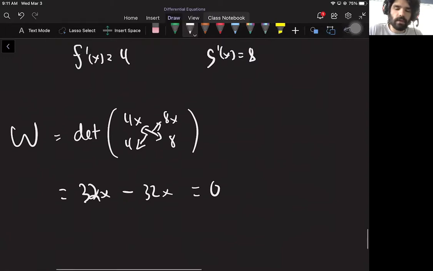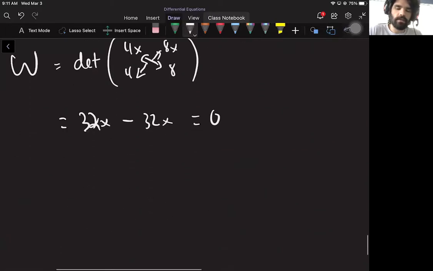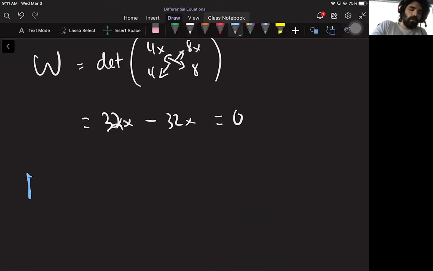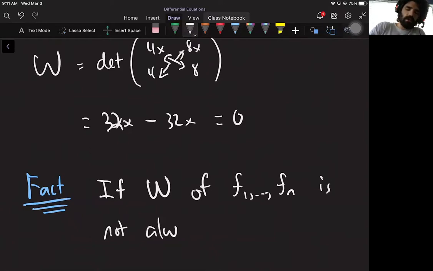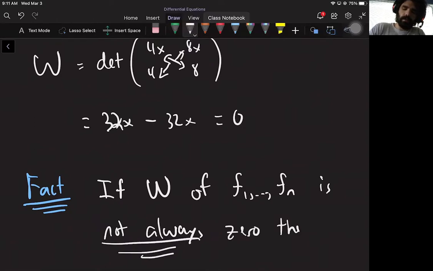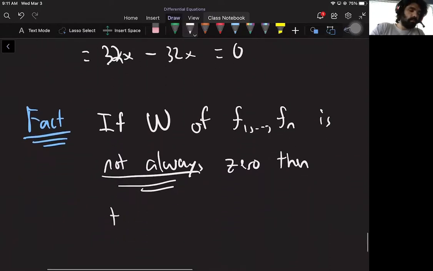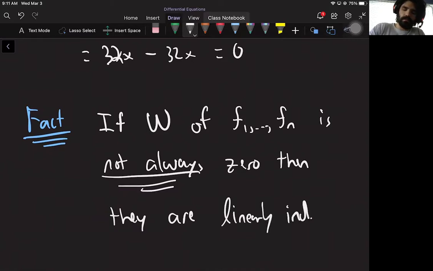Okay, so where does the Wronskian come into play in terms of linear independence? Well, we just get to use this fact, which comes from another class. I'm not going to try to prove it. If W of the functions is not always 0, then you can immediately claim that they are linearly independent, which is nice.